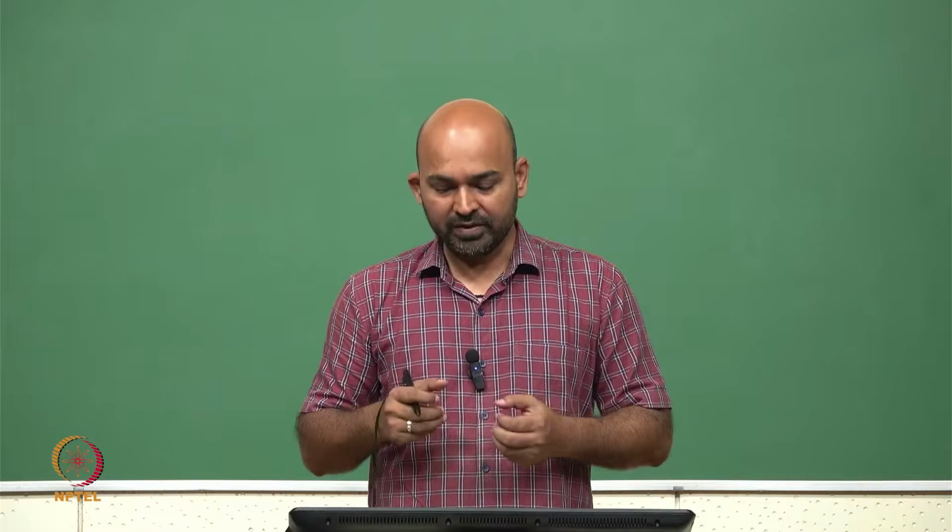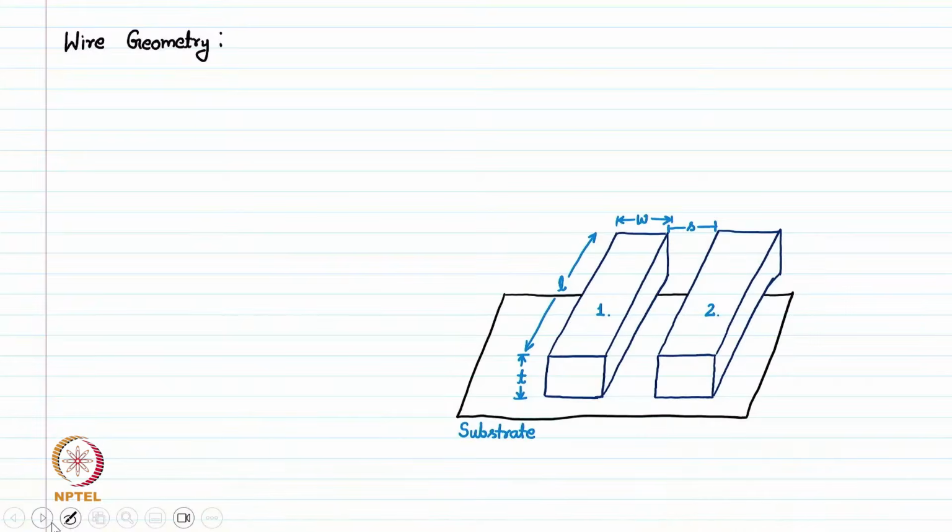That is called the pitch of the wire, specified by P. So here we can say the pitch is W plus s, and the aspect ratio is T over W. T is the thickness of the wire and W is the width of the wire. So T divided by W is the aspect ratio.